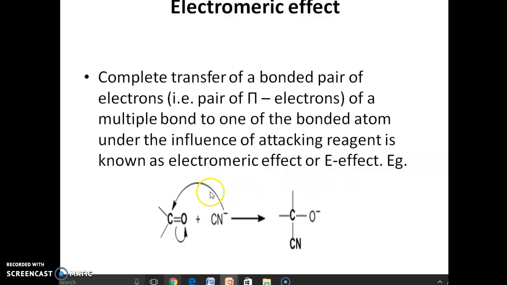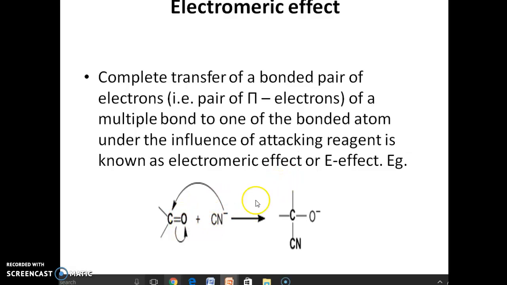If we take an unsaturated compound such as an alkene or alkyne, the pi electrons of the pi bond of the multiple bond get transferred to one of the bonded atoms under the influence of an attacking reagent.